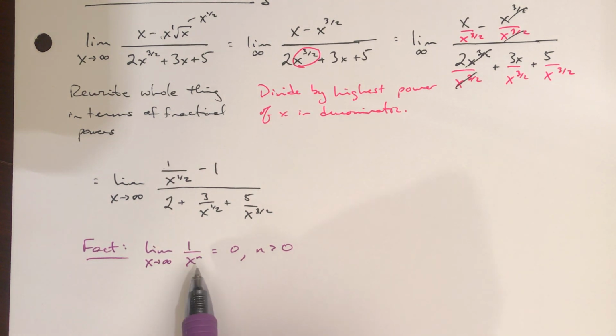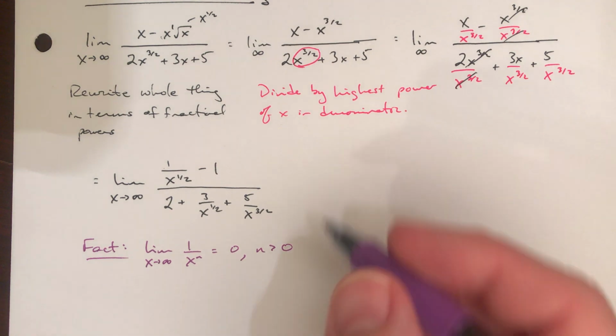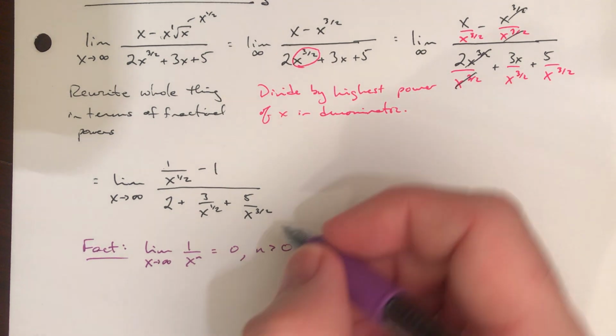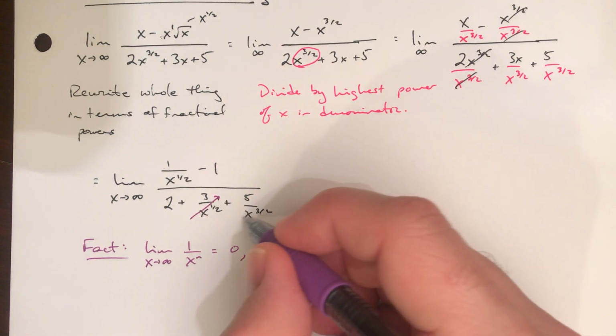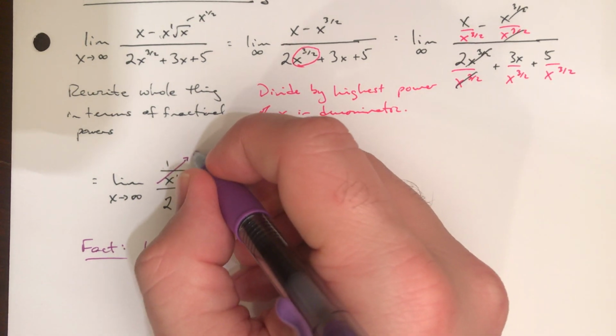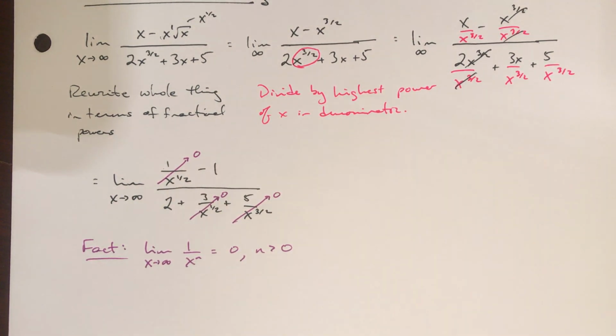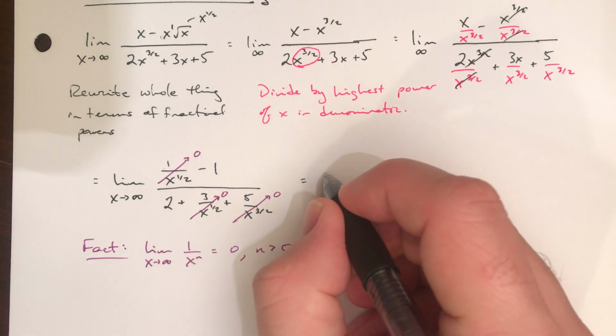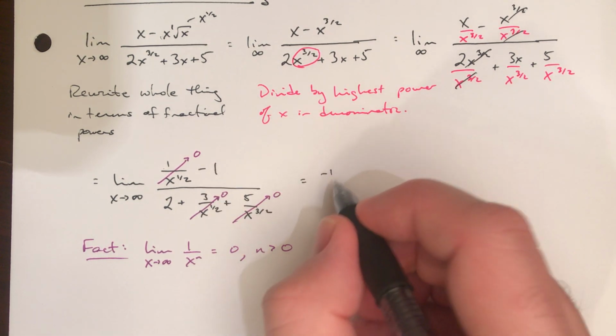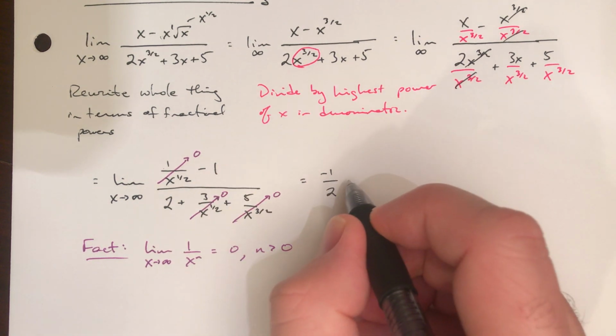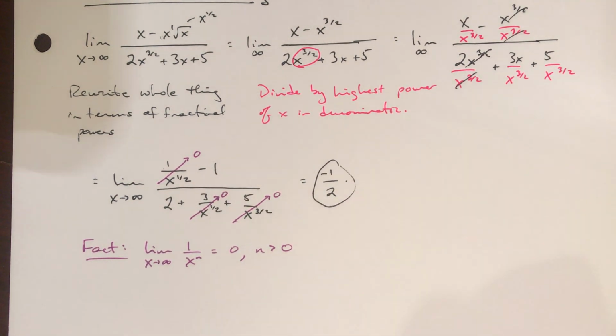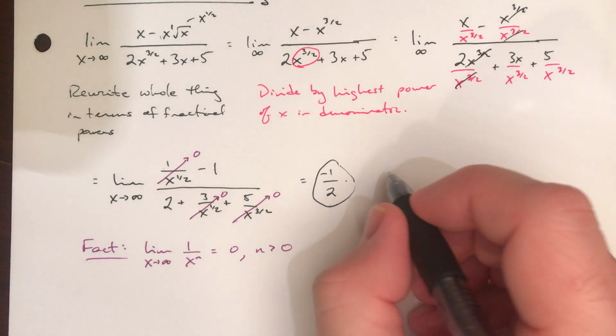As long as this is just x to the n in the denominator, we're going to use this little fact, and that's going to make 1, 2, 3 of the terms in our expression go to 0. And we are left with this -1 and the 2. So our limit is -1/2.